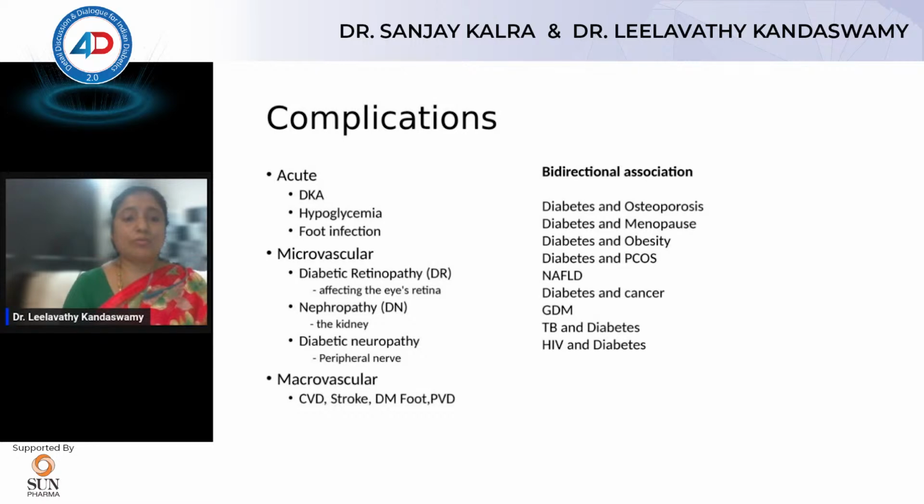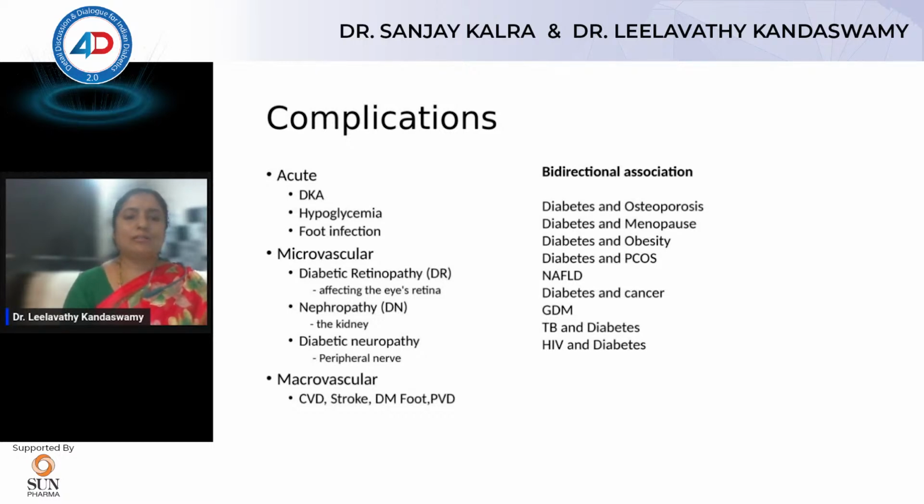Complications. This is what we need to know, and awareness about complications in the population is more important. When we say complications of diabetes, we mainly talk about microvascular and macrovascular complications. There is more to it. Acute complications are there, like diabetic ketoacidosis, hypoglycemia, and foot infection.